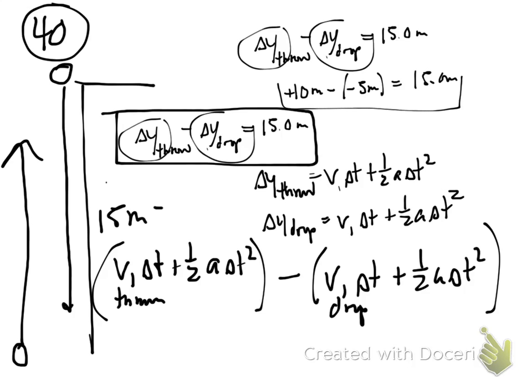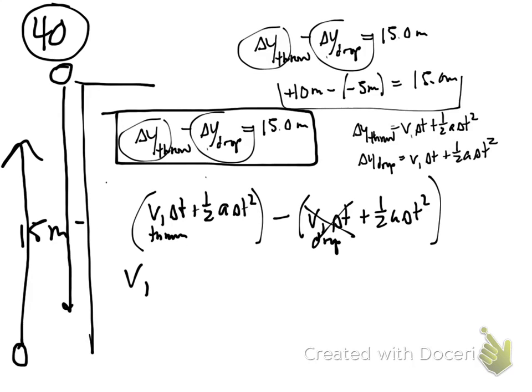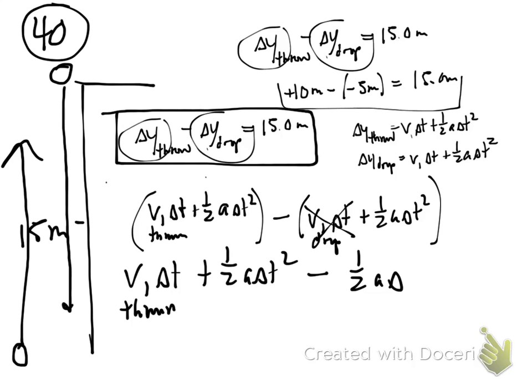Okay, well, two things happen really quickly. Number one, this goes away because VI of the dropped ball was what? 0. It had no initial velocity. So that was 0. So we now have VI thrown times delta t plus the expression 1/2 a delta t squared minus 1/2 a delta t squared.